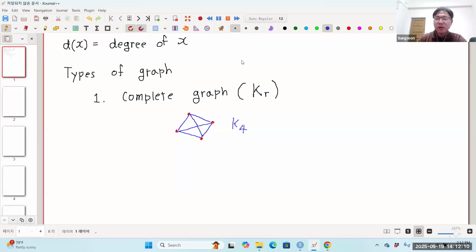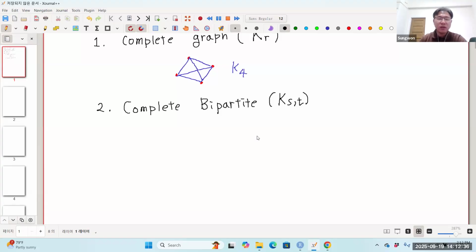And another one would be the complete bipartite graph. I'm going to denote that by K_{s,t}.